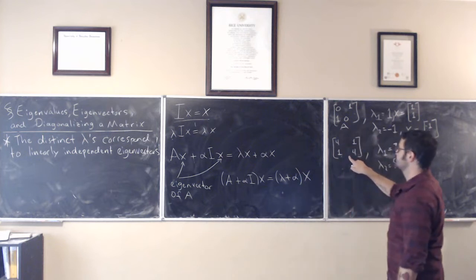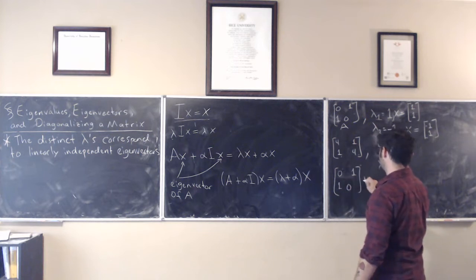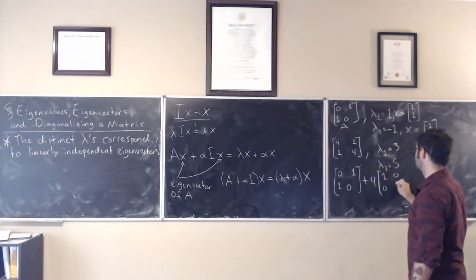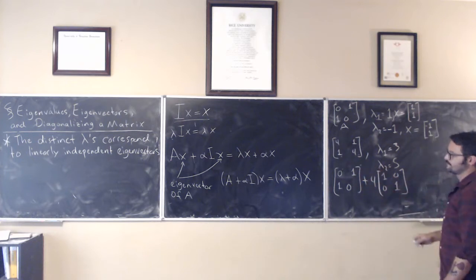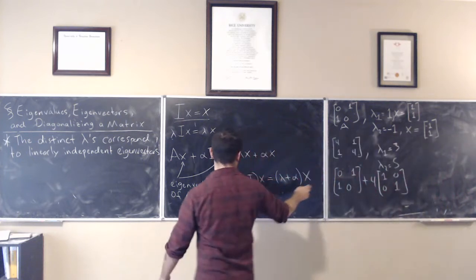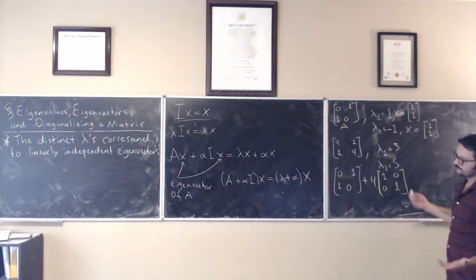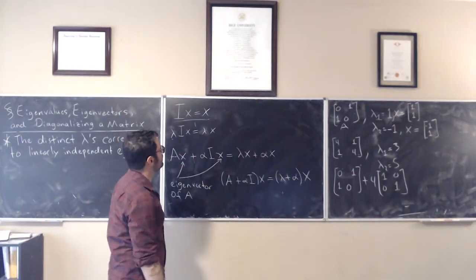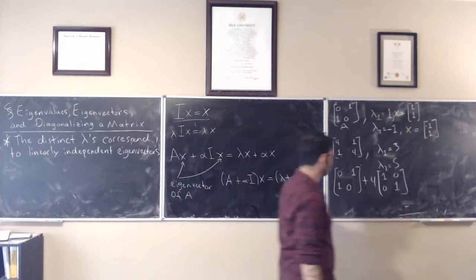So what is this matrix here? This is just 0, 1, 1, 0, plus 4 times the identity 1, 0, 0, 1. That matrix is just this, which means that it's got to satisfy this equation here. And because this is just the identity, the identity is special in that every vector is an eigenvector of the identity.